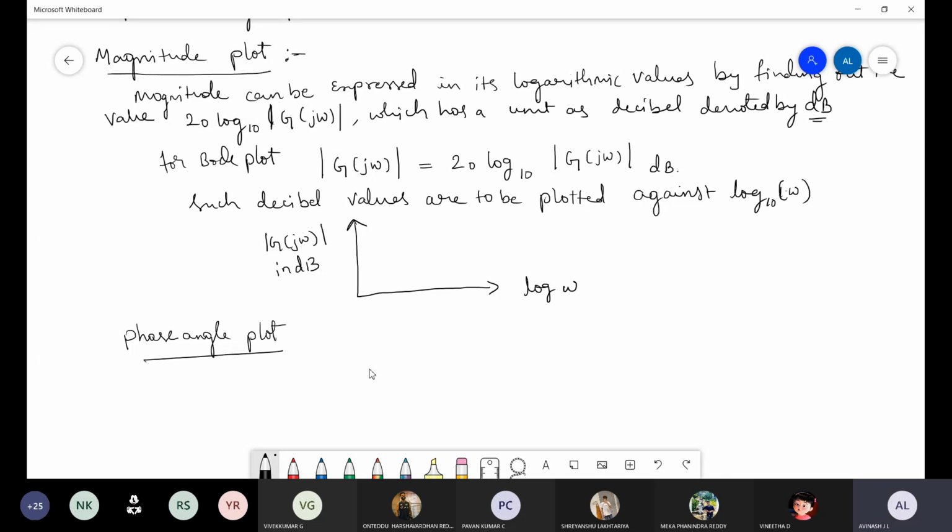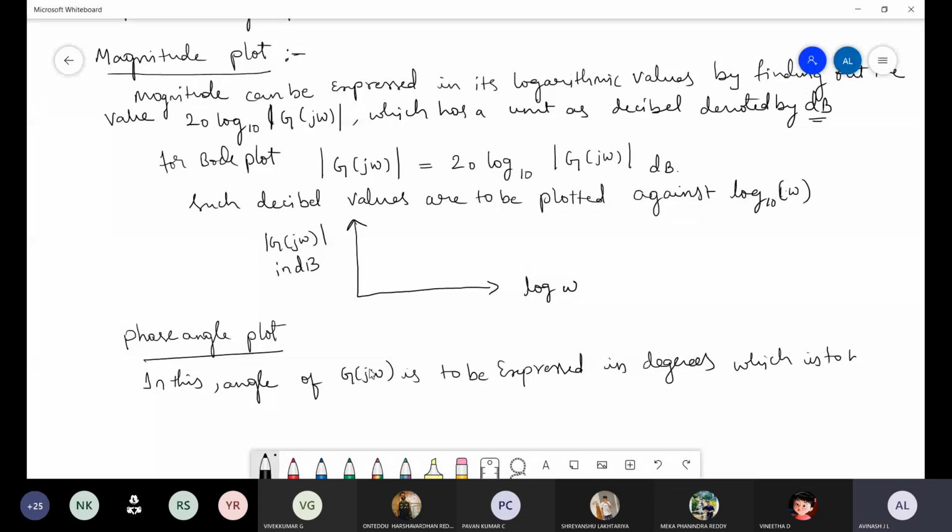When we talk about the phase angle plot, here the angle of G of j omega is to be expressed in degrees, which is to be plotted against log omega.